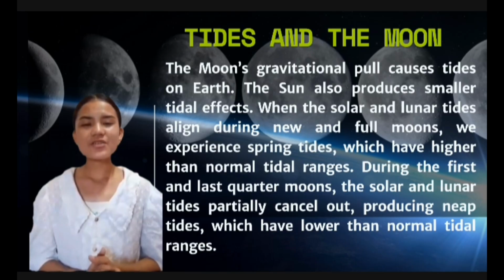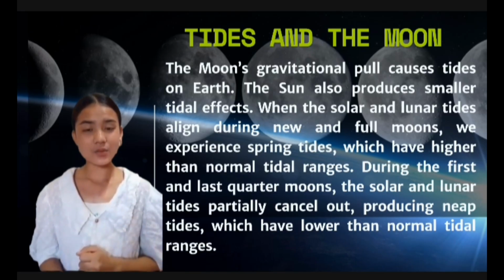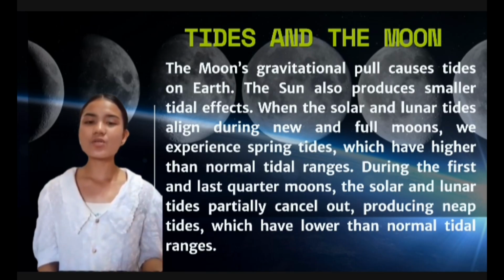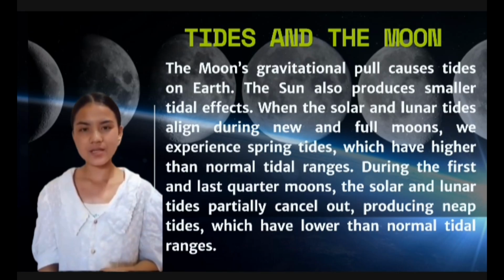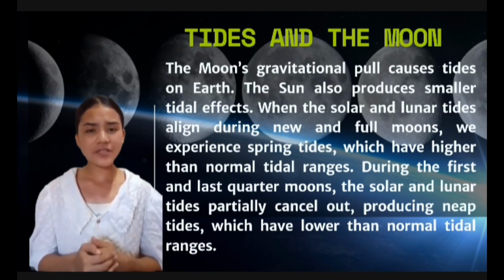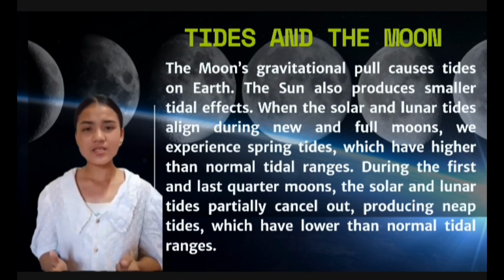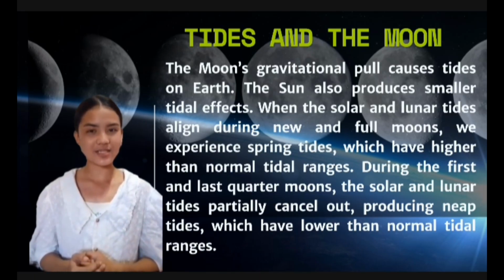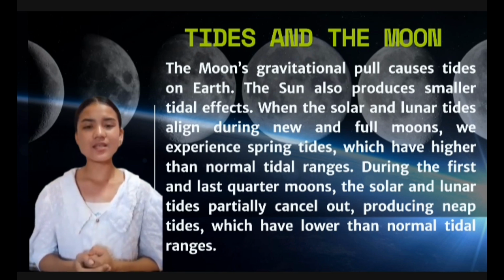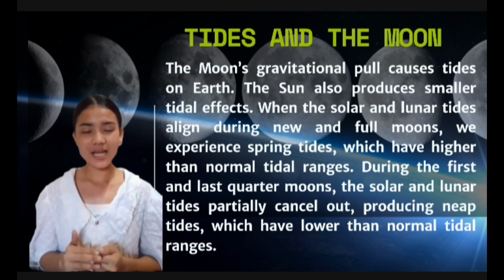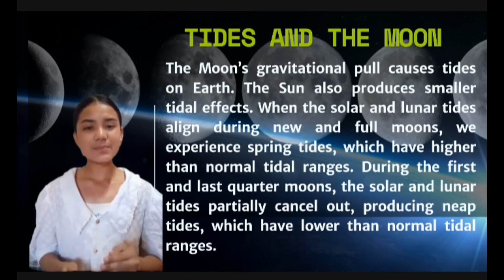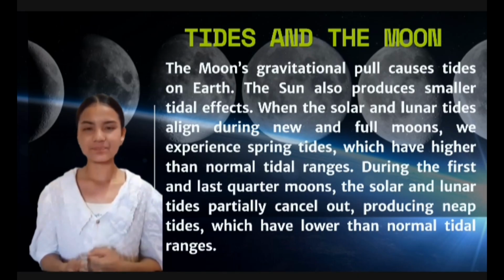The moon's gravitational pull causes tides on Earth, and the sun also produces smaller tidal effects. When the solar and lunar tides align during new and full moons, we experience spring tides, which have higher than normal tidal ranges. During the first and last quarter moons, the solar and lunar tides partially cancel out, producing neap tides, which have lower than normal tidal ranges.